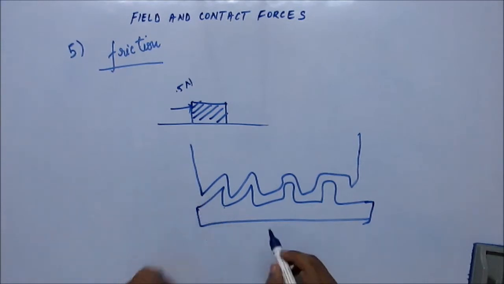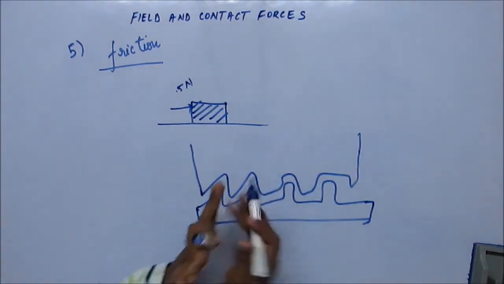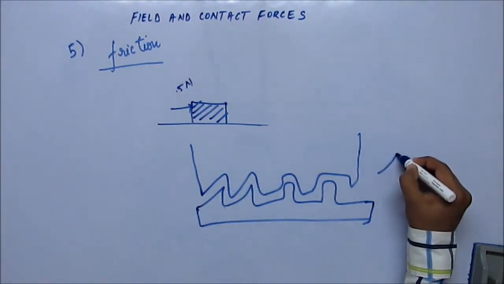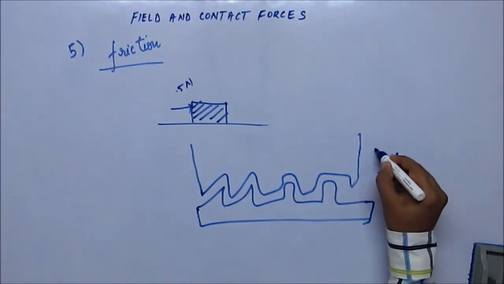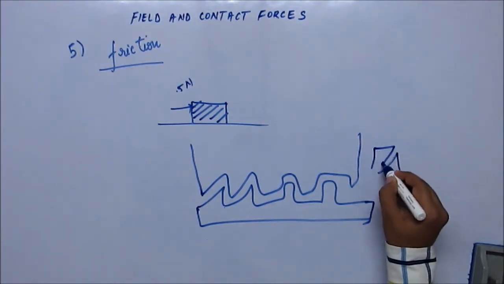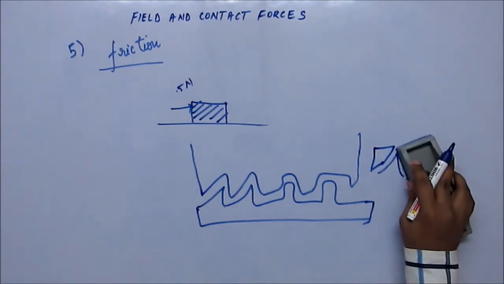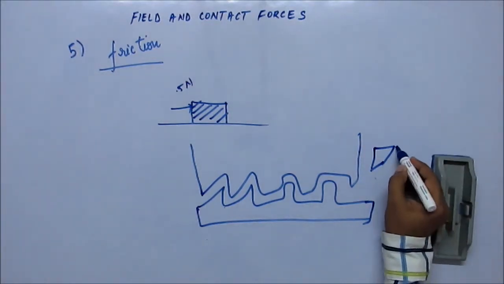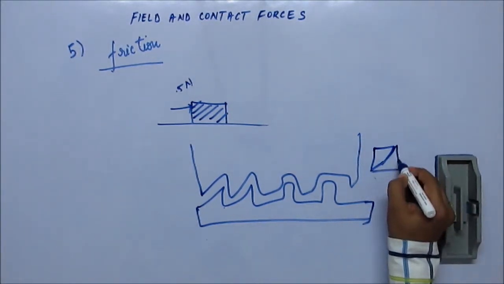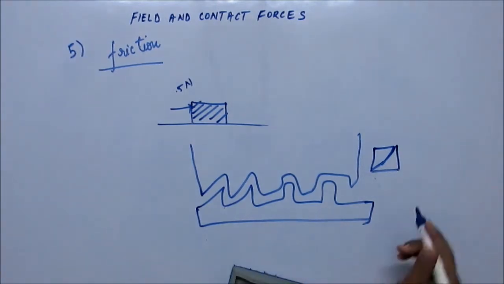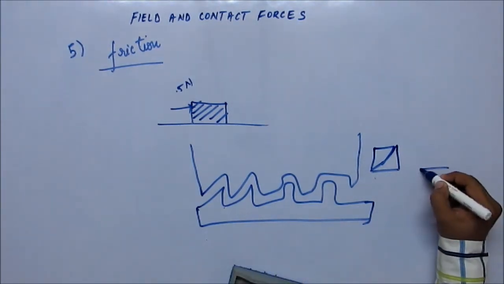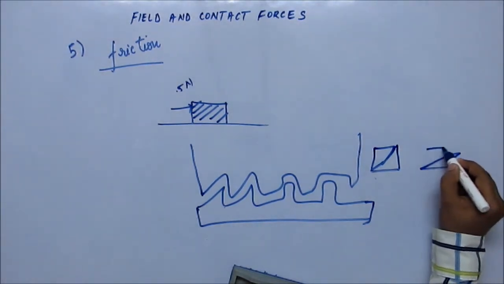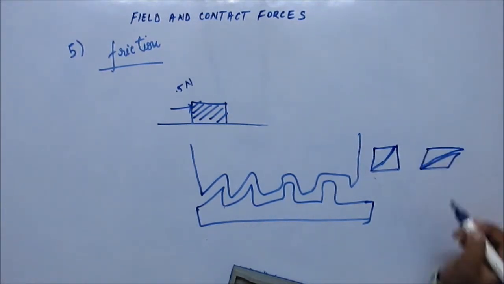So when you apply certain amount of force, these two interlockings will press each other like this. When you apply more amount of force, it will tend to bend, but still not broken.